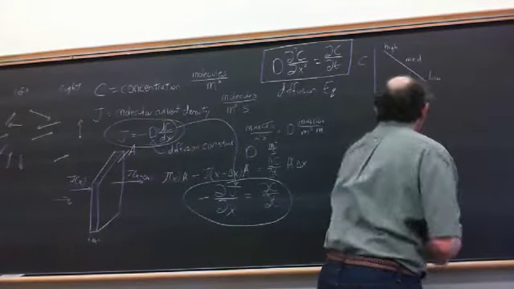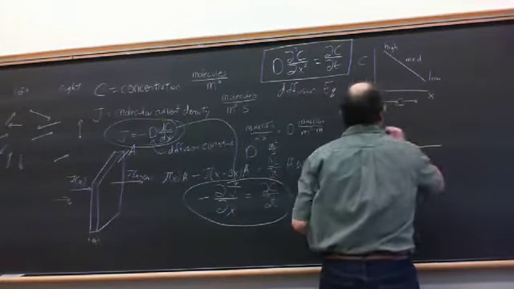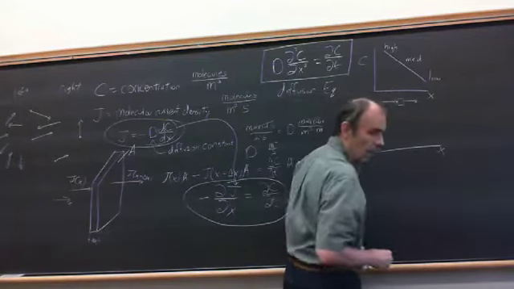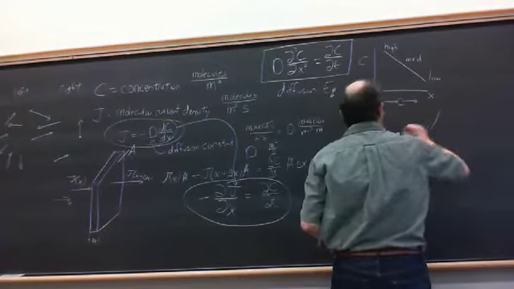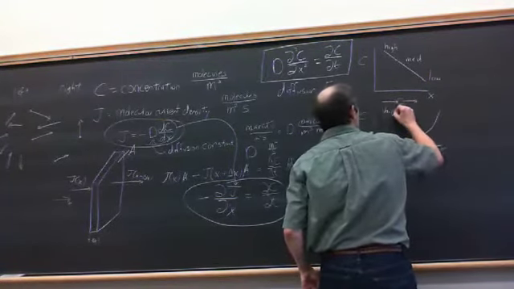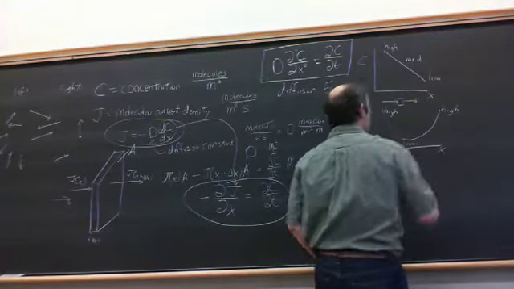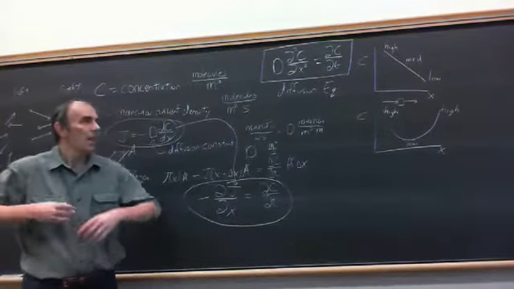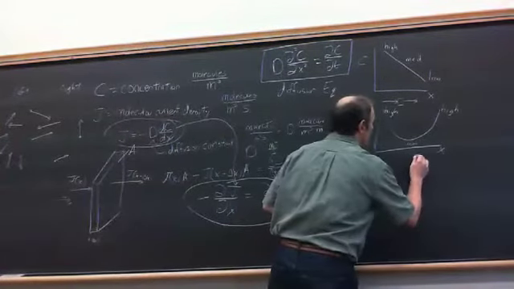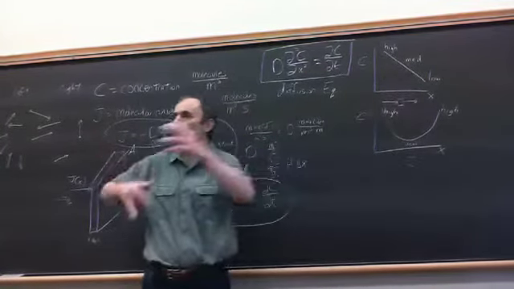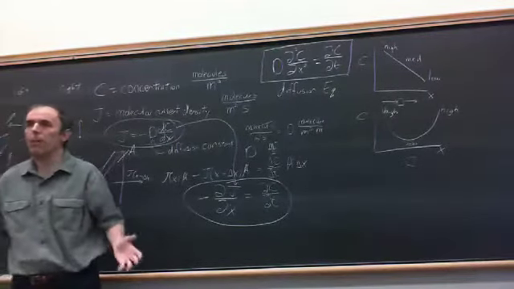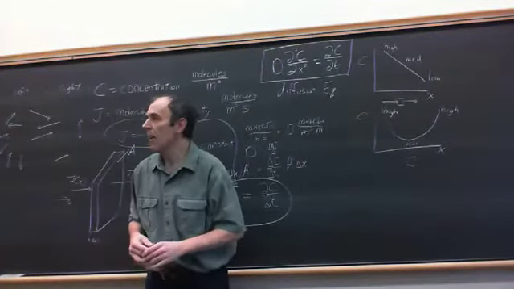Okay, what happens if we have a case like this, where you have sort of a parabola shape? High concentration on both ends and low in the middle. If you look here in the middle, are you going to have molecules piling up, or are you going to have them disappearing, or are you just going to have a constant concentration?